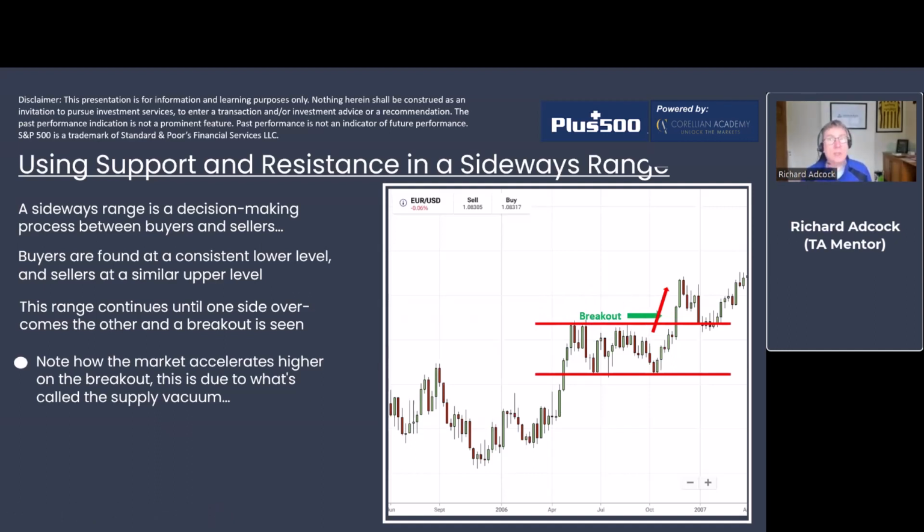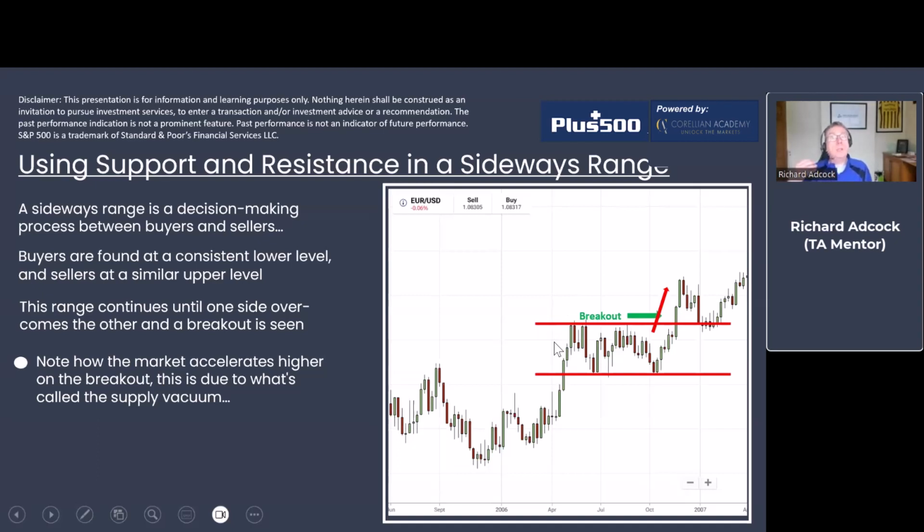The reason this supply vacuum occurs is because the longer the sideways trading range goes on, if you're working an offer above the market or a bid below the market, and you're constantly frustrated because your offer's not getting activated either to the up or to the downside, you pull your offer and bid into the old range because you know you've got more chance of actually becoming activated and trading within that area.